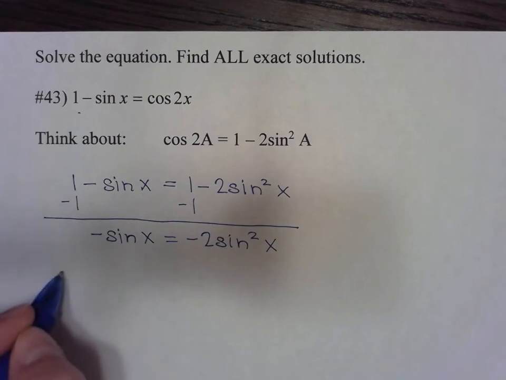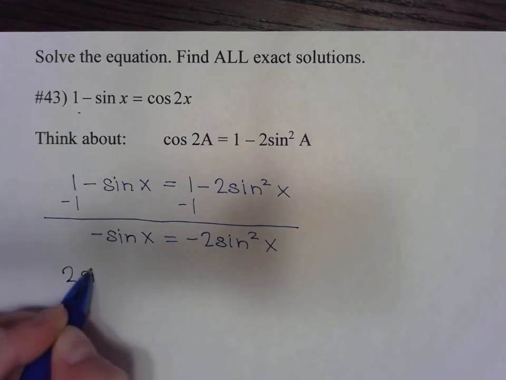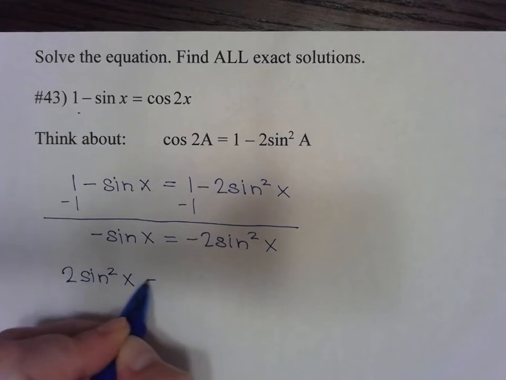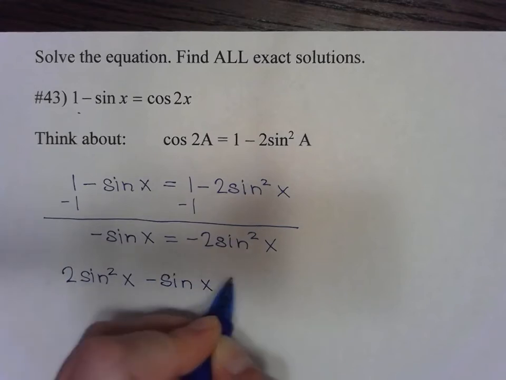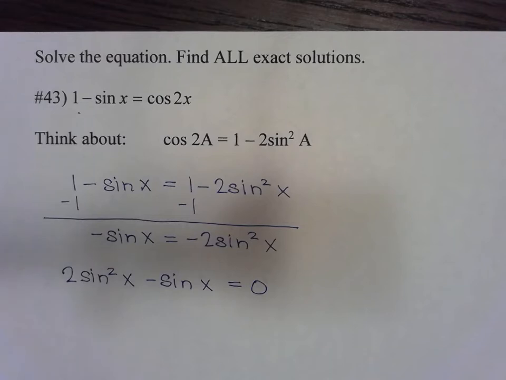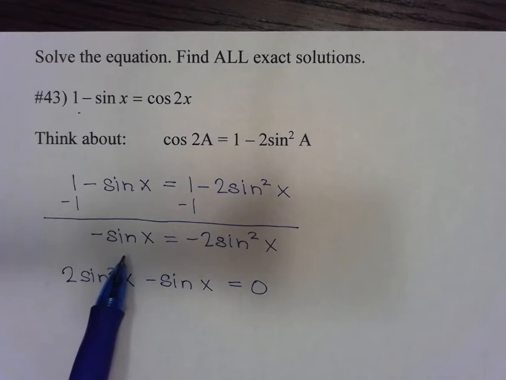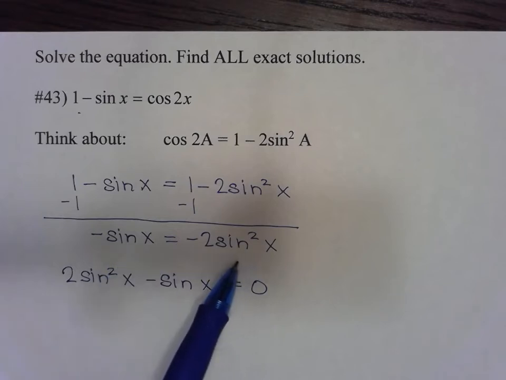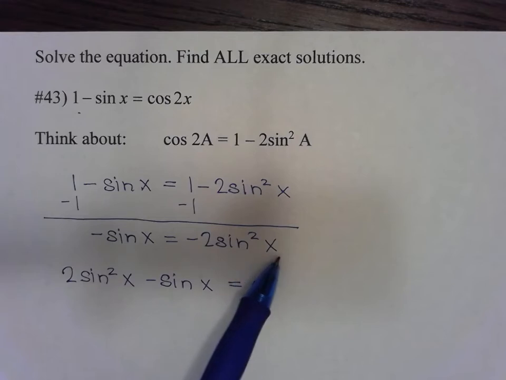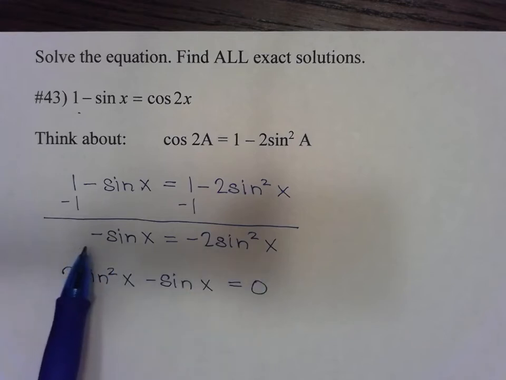I know it's really tempting to divide by sine of x here because you see it on both sides, but dividing is going to cause you to lose one of the solutions. We're going to get 2 possibilities here, and if you divide, you'll lose one of those possibilities. Also, when you divide on both sides, you can only divide by something that's not 0. And since we don't know the angle here, and the sine of some angles are 0, we really can't be guaranteed that we're not dividing by 0, which is invalid.